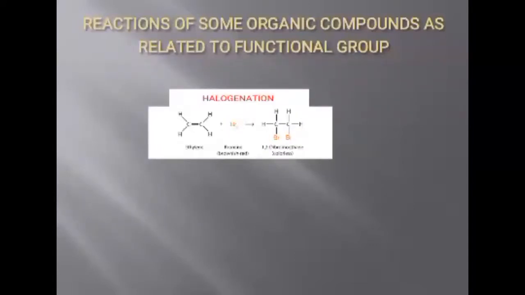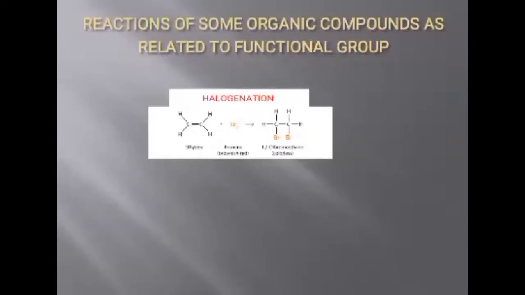Now, let's look at the structures very well. You will notice that we still have two carbons as in ethylene as well as in ethane. We equally have two hydrogens on each of the carbon atoms, on the left, that is ethylene, and on the right. But the only difference is that on the left, which is ethylene, we have a double bond, but on the right-hand side, which is the new compound formed, we have only a single bond with an attachment of bromine.